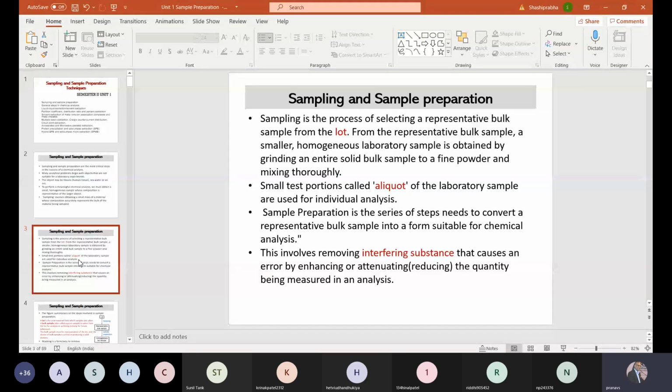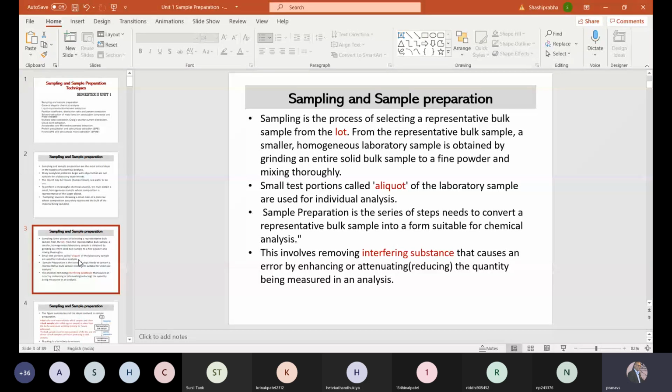And once we have prepared a laboratory sample solution for the given sample, we take very small test portions, जिसको हम कहते हैं aliquots. We call it an aliquot. Aliquot means जो छोटा सा sample है, which can be directly used for analysis. Now, no more further processing of that sample is required.